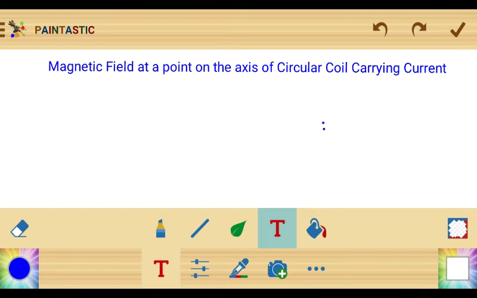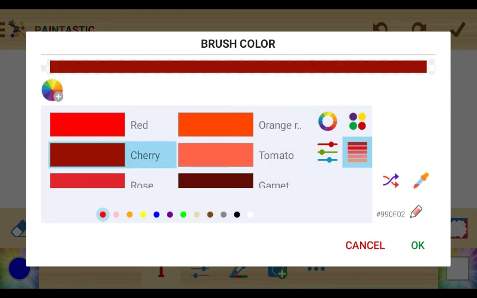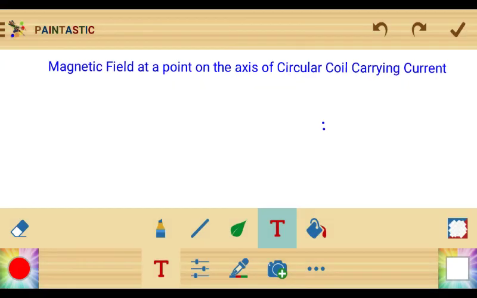Okay, so our next topic is the magnetic field at a point on the axis of a circular coil carrying current. Let's consider a circular coil whose radius is capital R, and let's draw it.